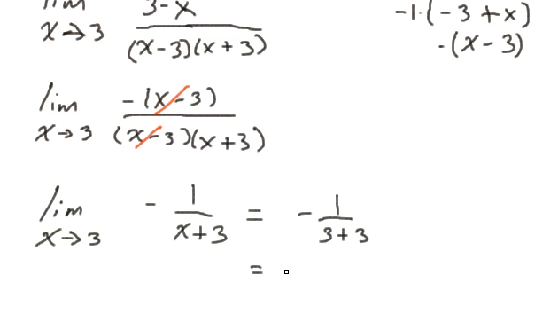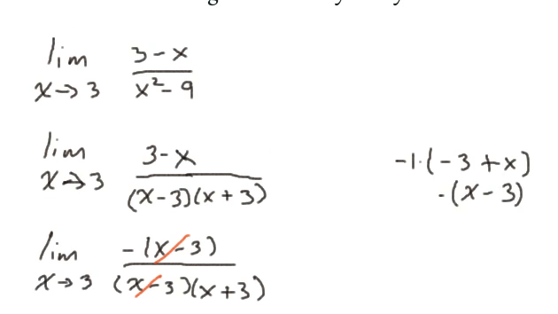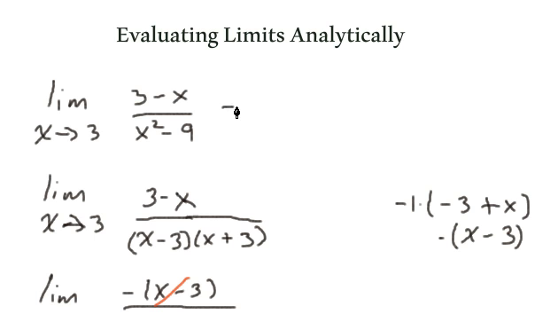And of course that simplifies down to negative 1 over 6. So we can go back up to the top here, where we started out with our original limit, and we can say that this is equal to negative 1/6. Okay.